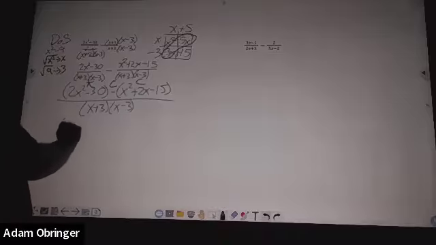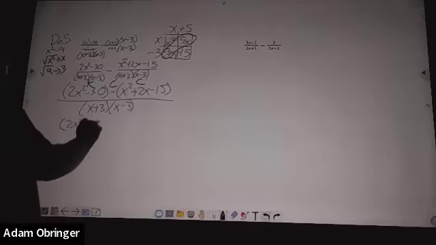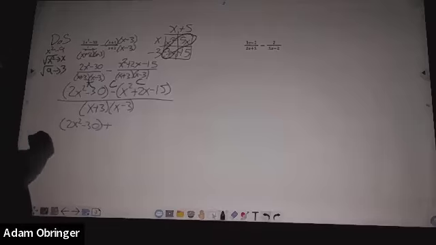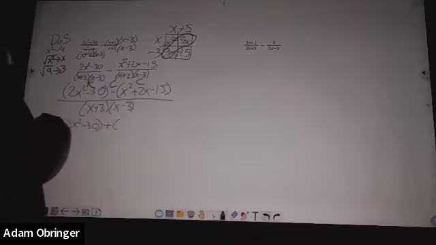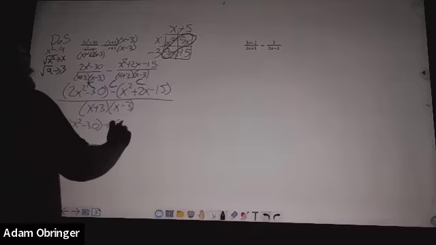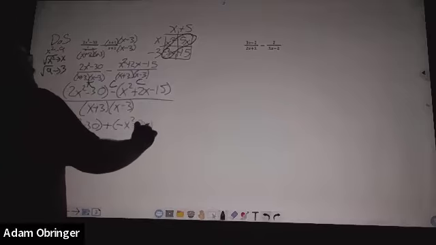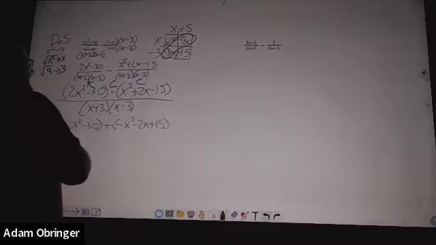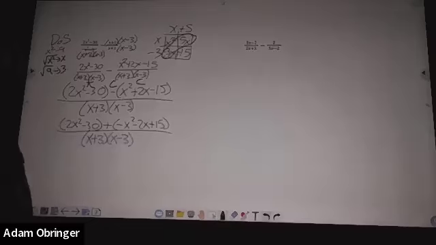So keep the first parentheses the same. Change the minus to a plus. Change everything in the second parentheses to the opposite sign. So negative x squared minus 2x plus 15 all over x plus 3, x minus 3.